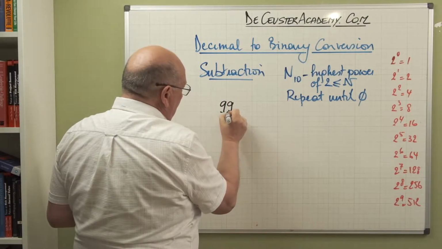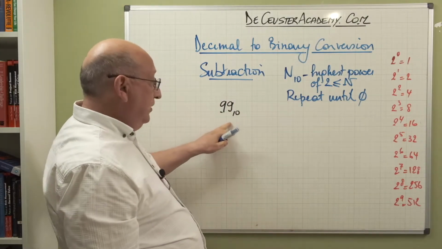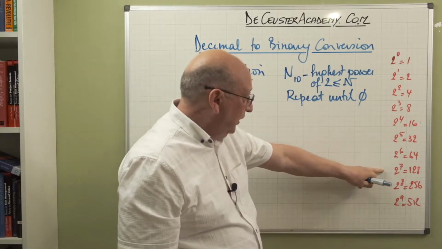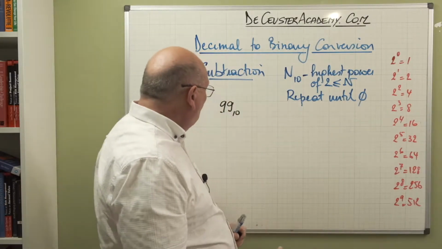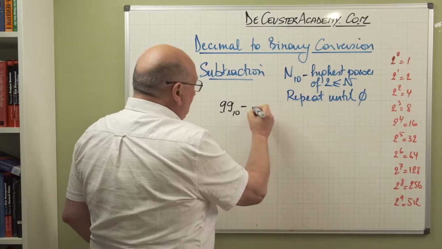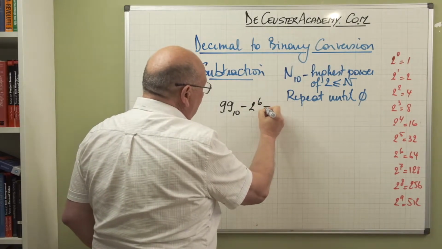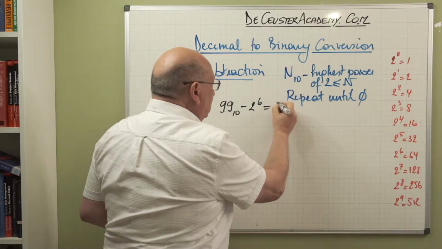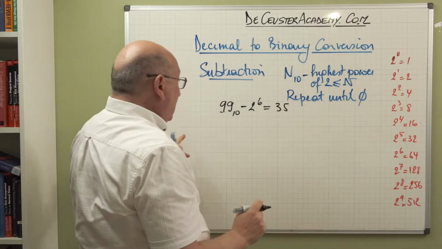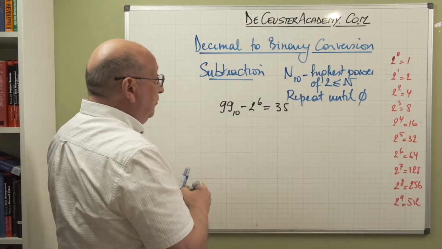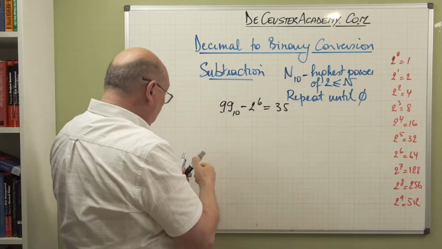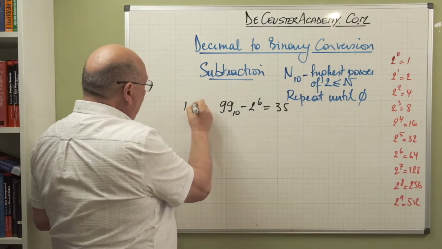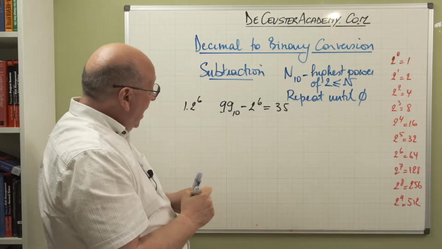99 base 10. When we look at it, we have 64 and 128, so we subtract 2 to the power 6, which is 64: 99 minus 64 is 35. So what we found is the first coefficient: 1 times 2 to the power 6.